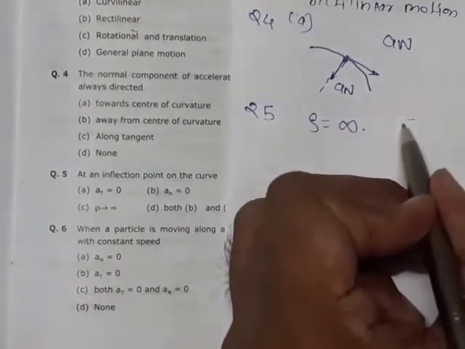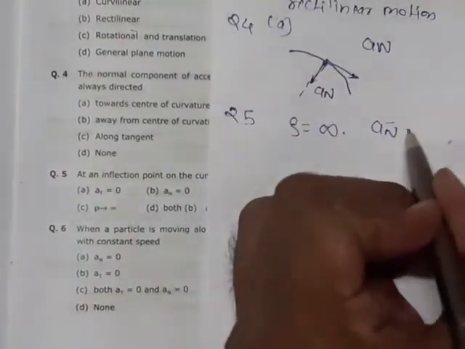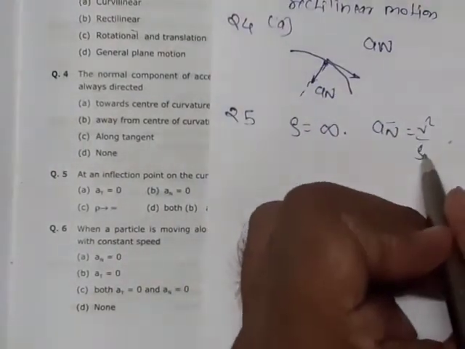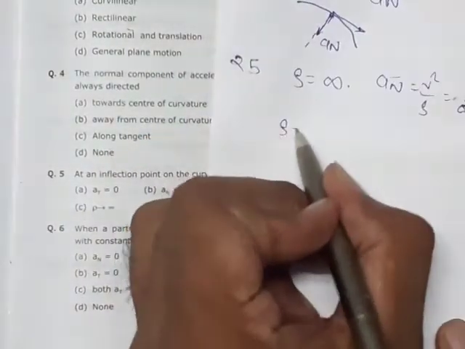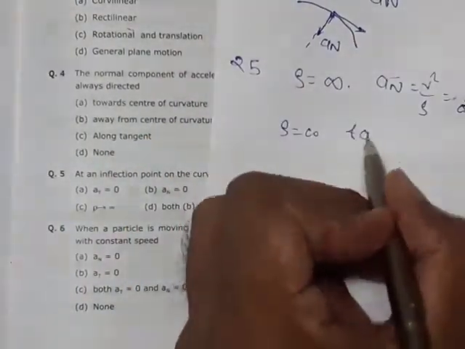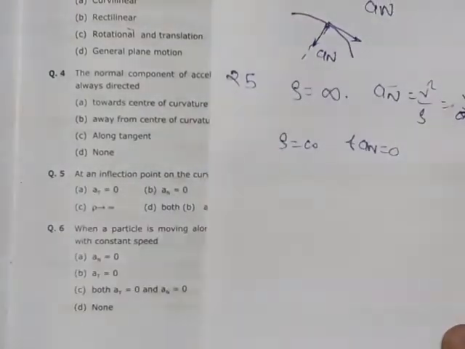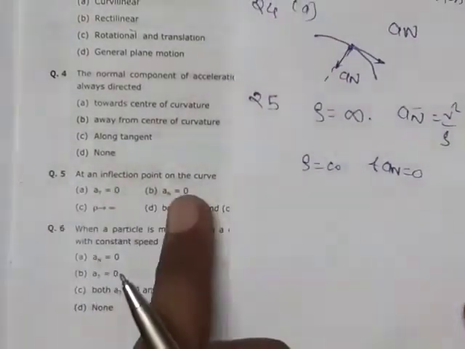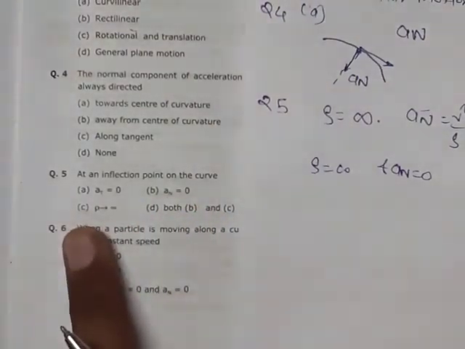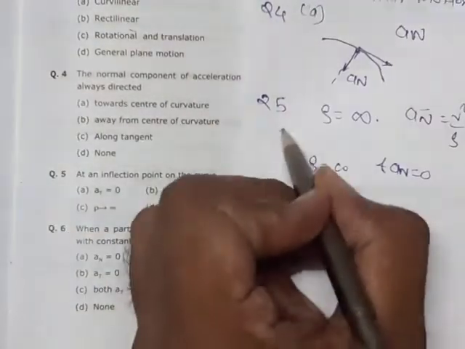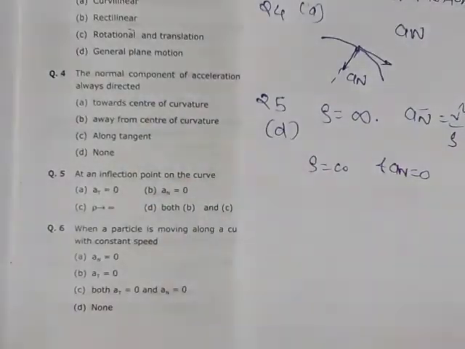When rho is infinity, our formula for an is v square by rho, and when we put the value of rho equal to infinity, our value of an will become equal to 0. So rho equal to infinity and an equals 0 occur at the inflection point. So both B, that is an equals 0, and rho equal to infinity. So option D is correct. For question 5, D is our answer.